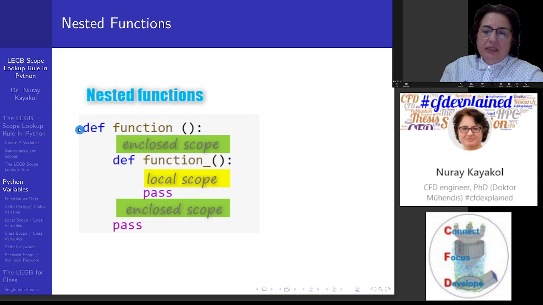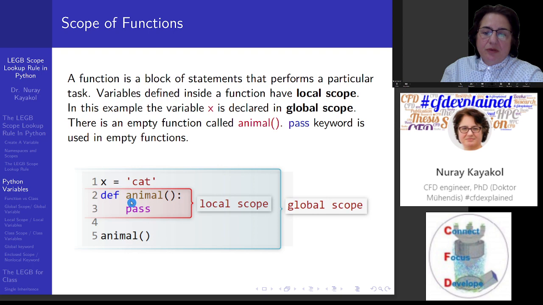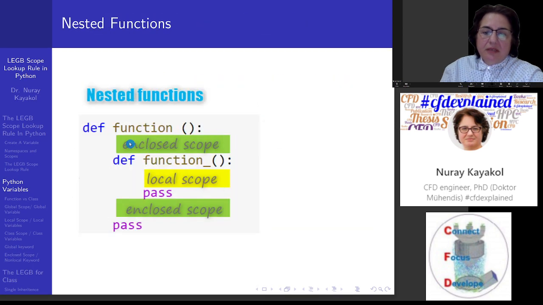So if you delete this def keyword from the top, it will be similar to the previous one. But here there are two functions. If you define a variable in this green area, that means this is an enclosed scope and your variable is enclosed.